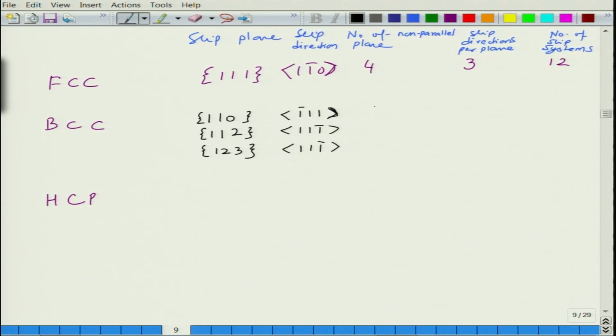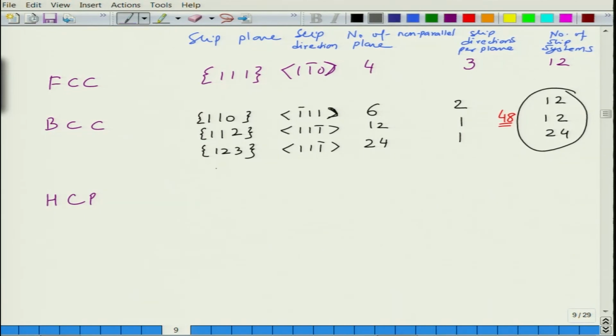So, the number of non-parallel planes we can say is 6, 12 and 24 for the 3 of them. The number of directions they contain is 2, 1, 1. So, this will give you 12 slip systems, this will give you 12, this will give you 24. So, total you can say is 48 slip systems in BCC.